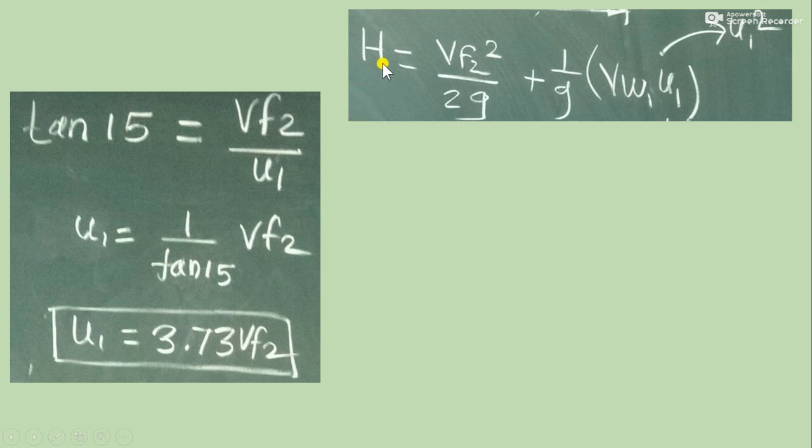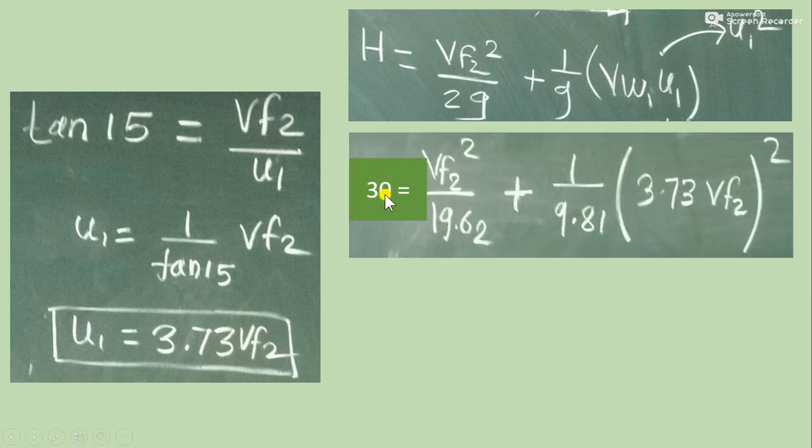So in H value, VF2 square by 2G plus 1 by G bracket U1 square, here we can use this 3.73 VF2. Okay, so right, H is given, VF2 square upon 2G, 2 times value of G means 9.81, 2 times. Okay, 1 upon G plus U1 expression 3.73 VF2 bracket and its square.